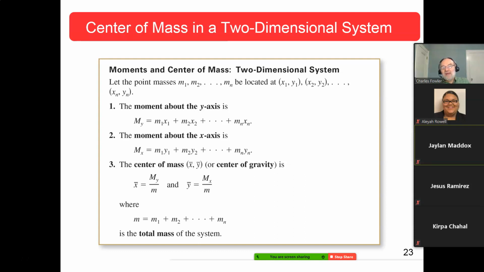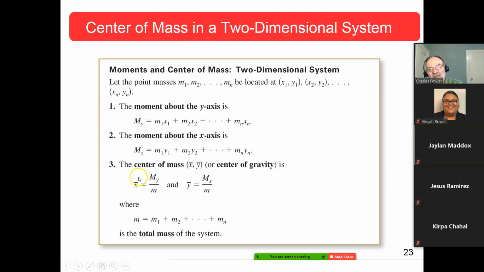Now the center of mass, x bar, y bar: x bar would be the moment about the y-axis, which is 0 on the x scale, so it's m sub y over your total mass, and y bar would be m sub x over your total mass.